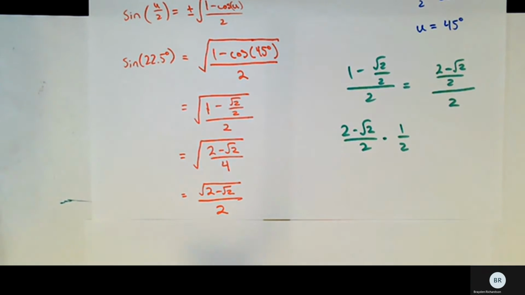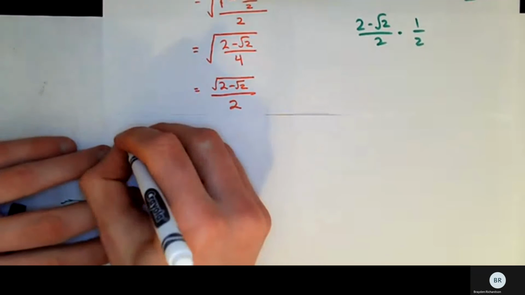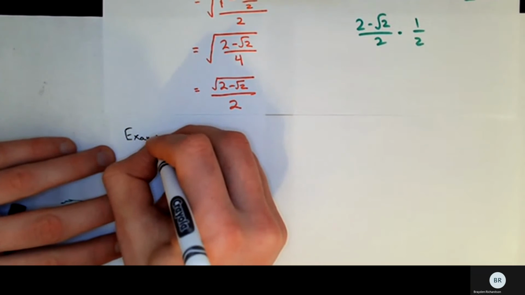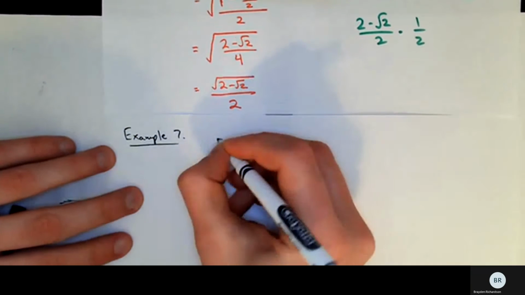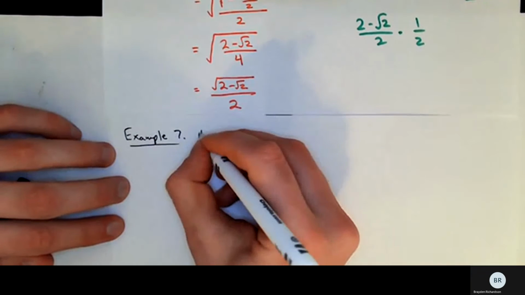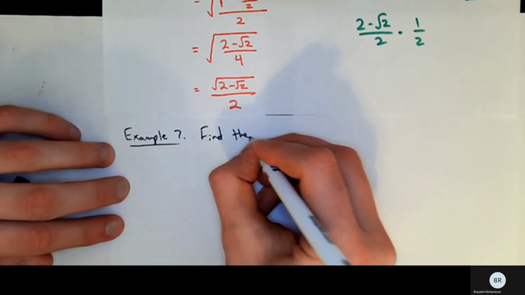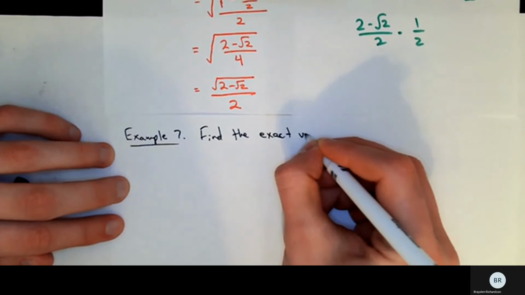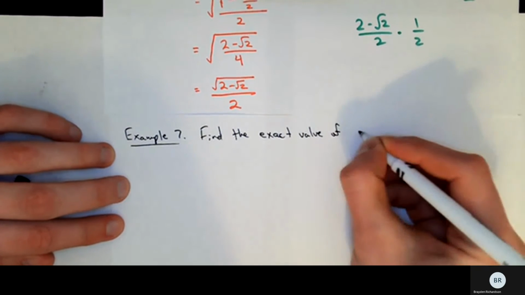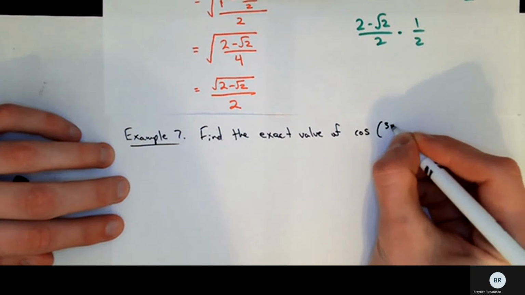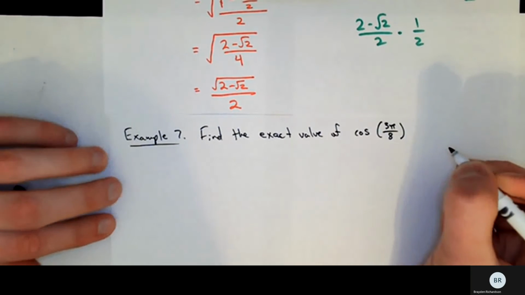Okay, example 7. Find the exact value of cosine of 3 pi over 8.